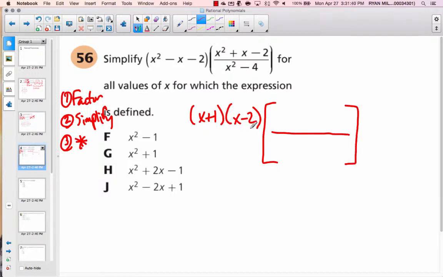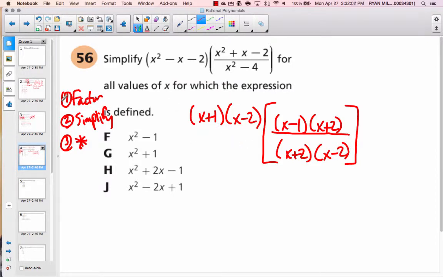And you'll see why I've put this up top in a second. 1 times 2 is 2 again. Factors that are going to get me a plus 2 is going to be x minus 1, x plus 2. This down here is a difference of squares. It's x squared minus 4. So that's going to get me x plus 2, x minus 2.